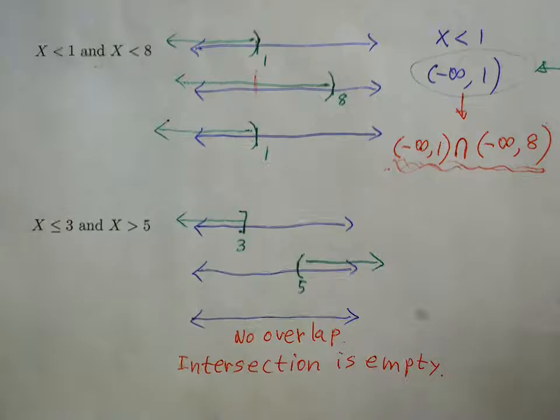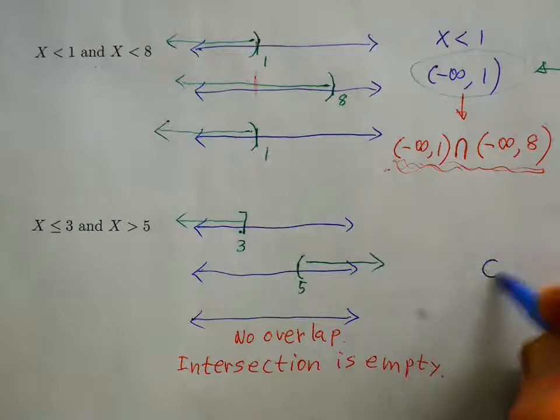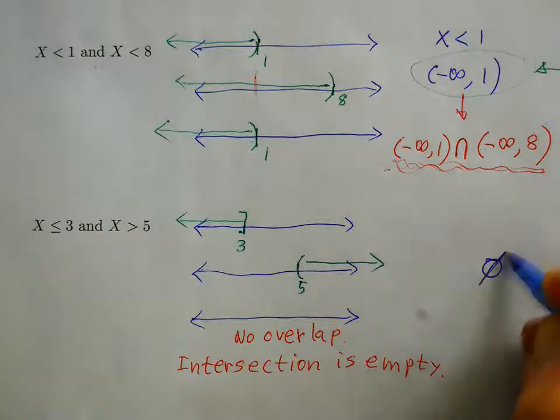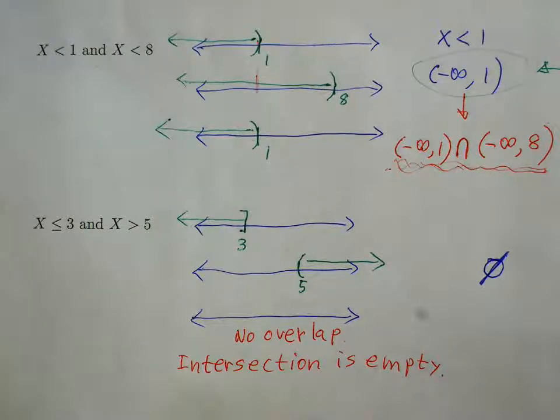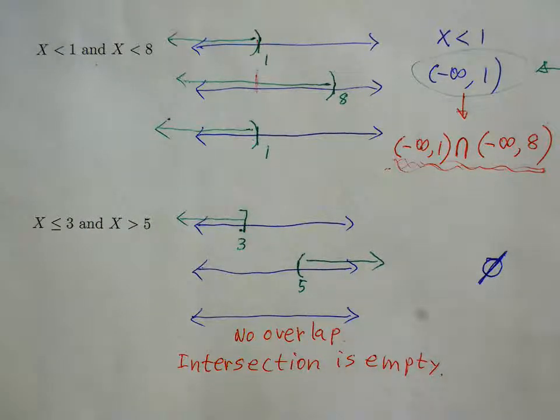So the interval notation for the empty set is the symbol for the empty set. For algebraic notation, you would just say no solution or nothing, whatever the option is.